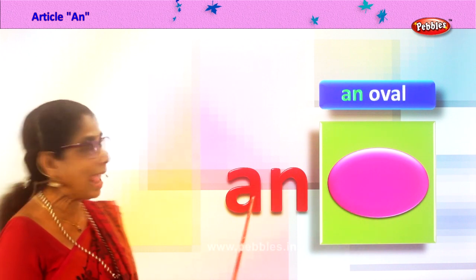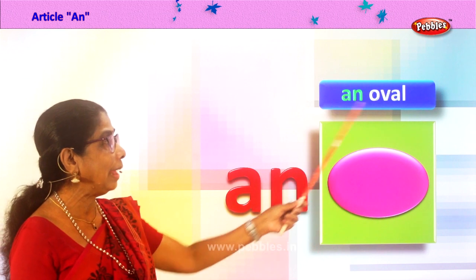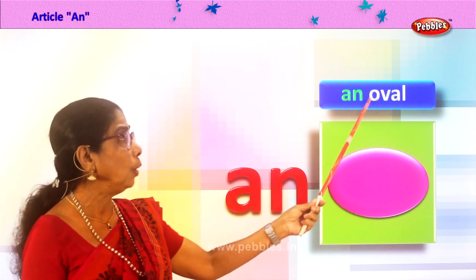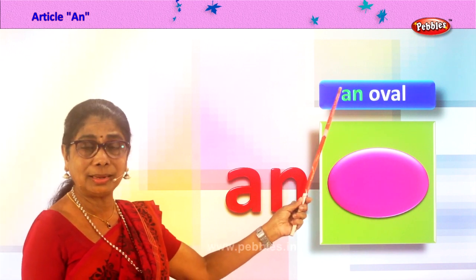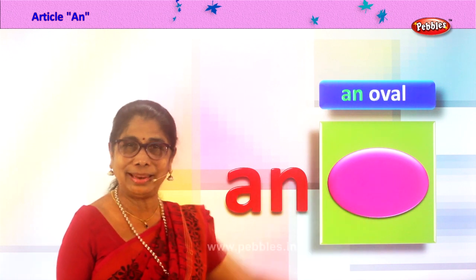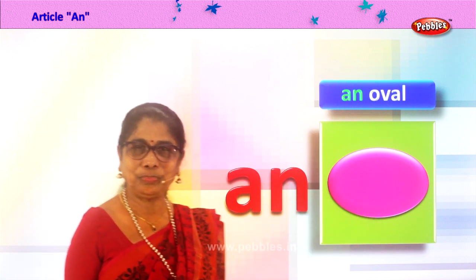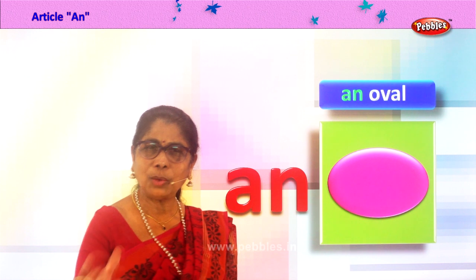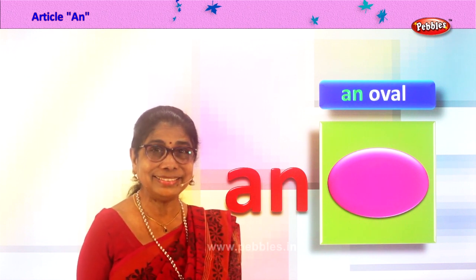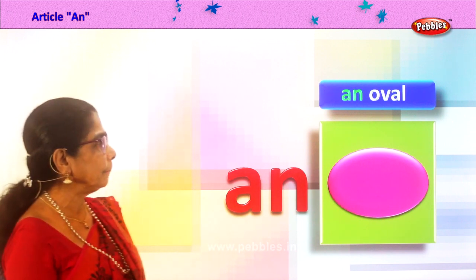What is this? An oval. Oval spelling O-V-A-L. Read aloud. An oval. An oval shape. You like to draw an oval shape? What is almost like an oval shape? Yes, egg. Good. Let's look at another picture.